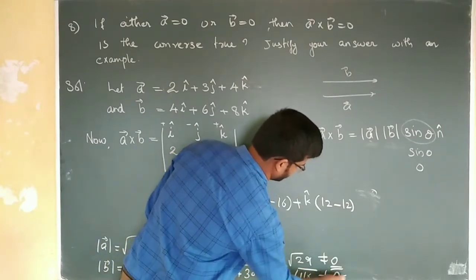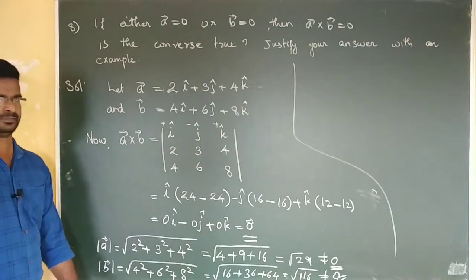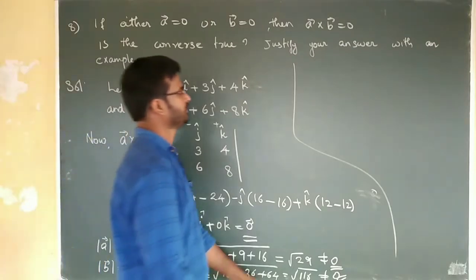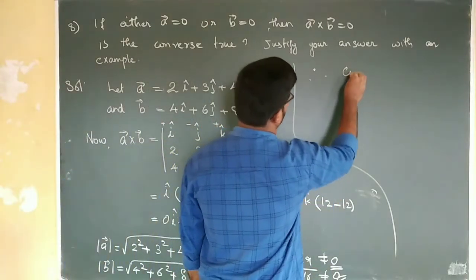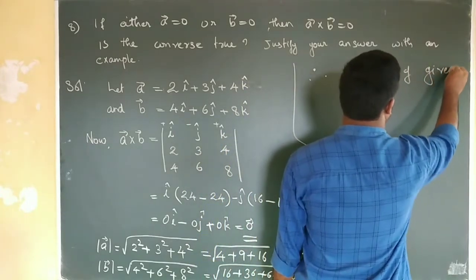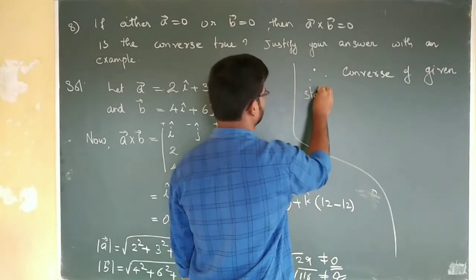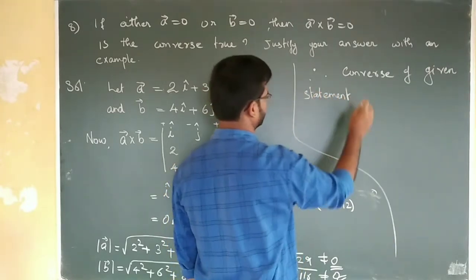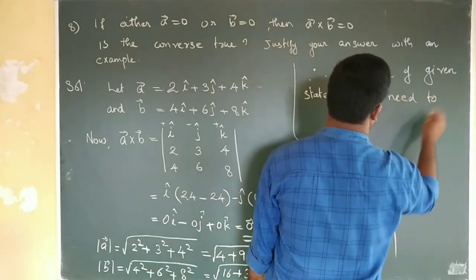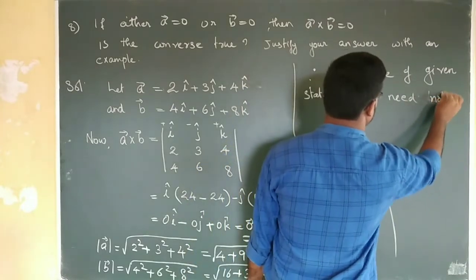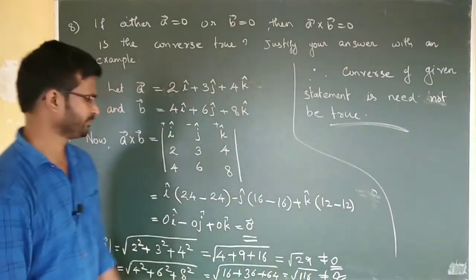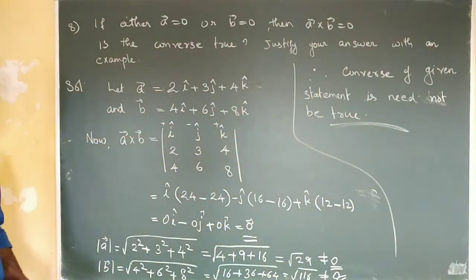That also is not equal to 0. So a vector and b vector are non-zero vectors, but a cross b is 0. Therefore, the converse of the given statement cannot be true. This is our conclusion. Just pause the video and write it down in your notebook.